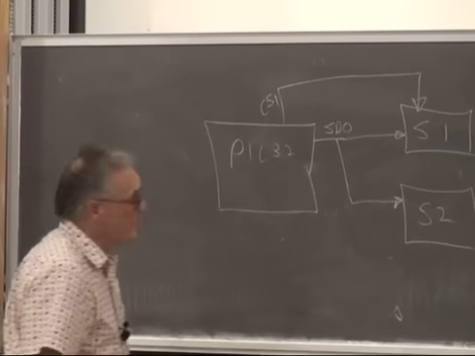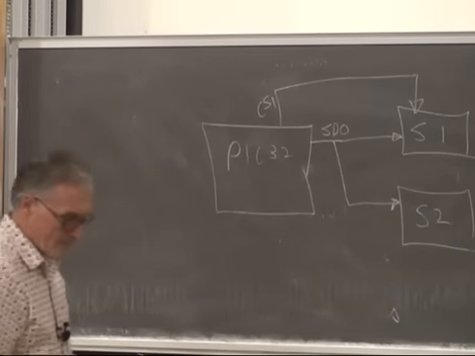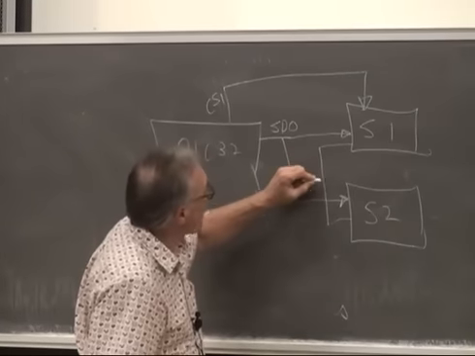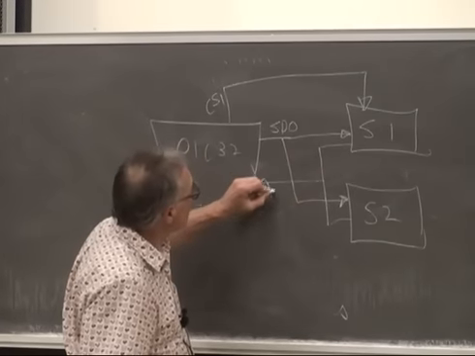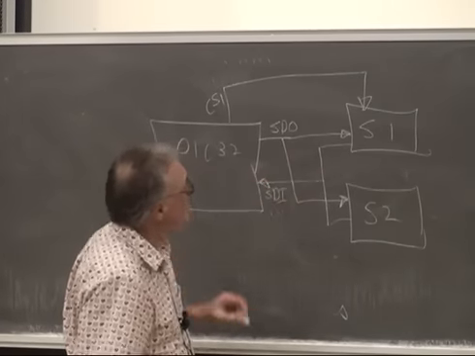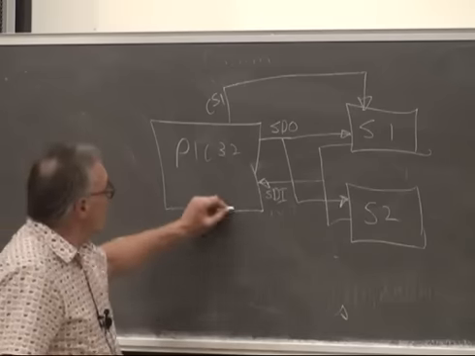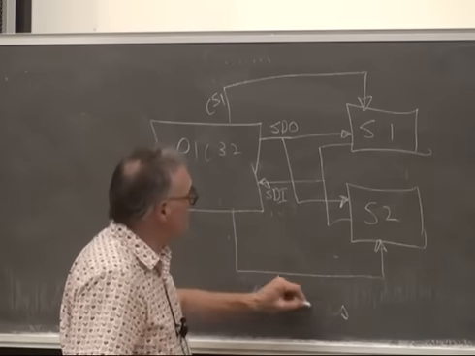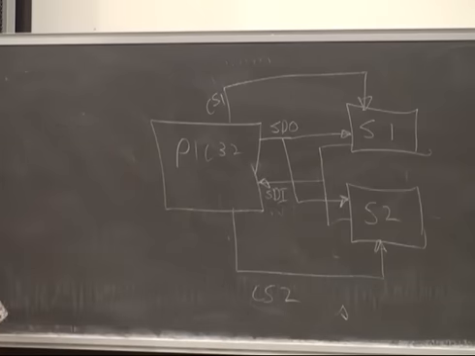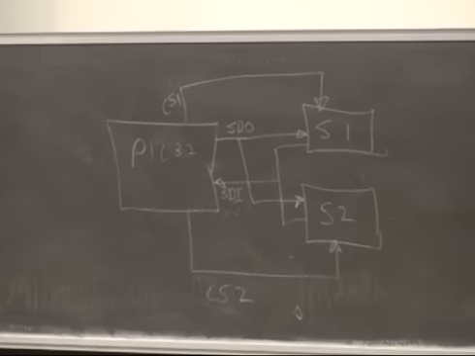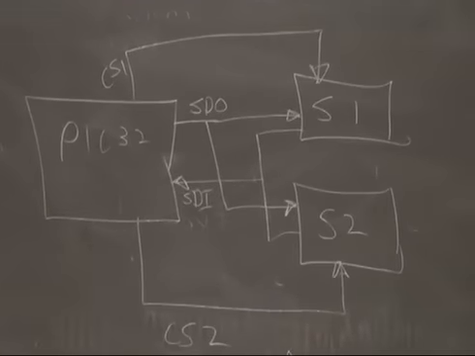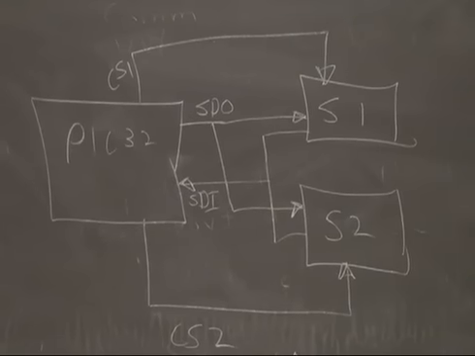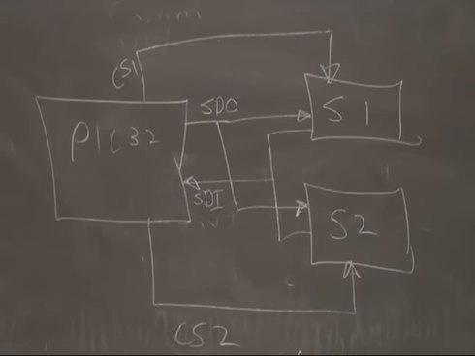You would connect both of the devices back to SDI, and with a separate chip select for each external device. We're only going to use one DAC, so you only have to have one chip select for this particular lab.